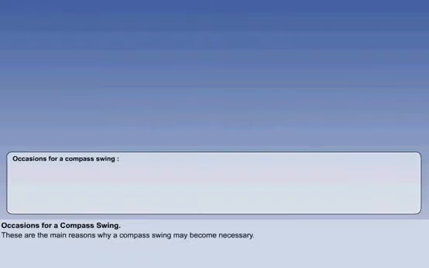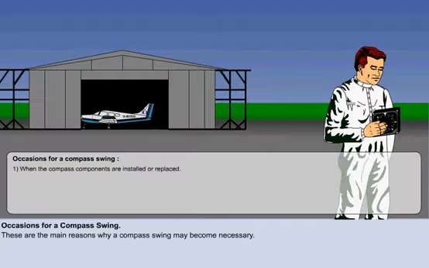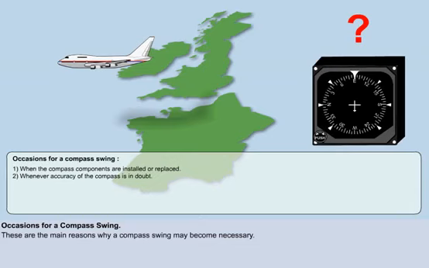There are a number of occasions when a compass swing will become necessary. They should be noted, and they are: 1. When the compass components are installed or replaced. 2. Whenever accuracy of the compass is in doubt. 3.